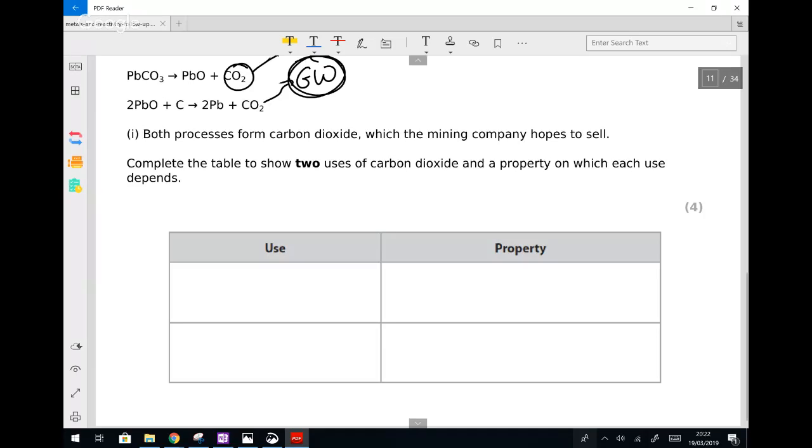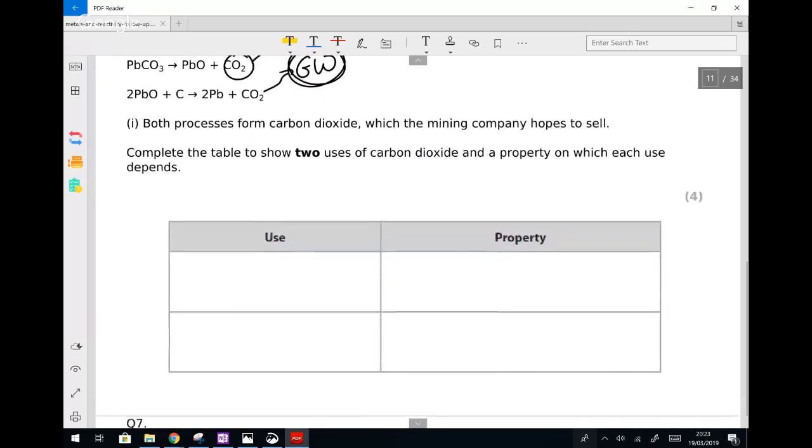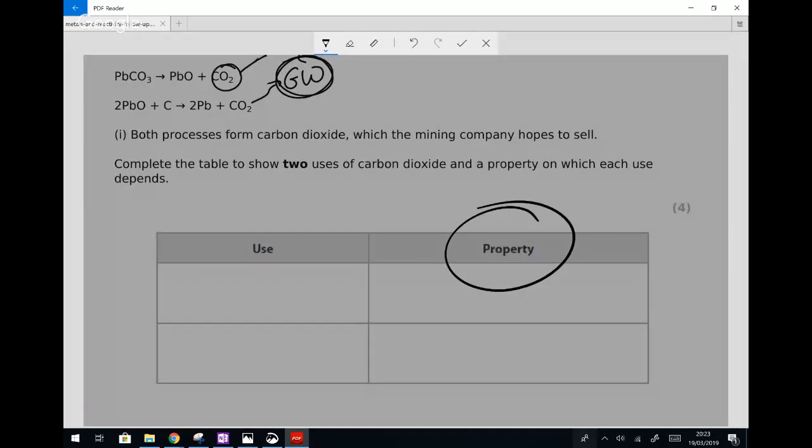But look, the key thing is you need to consider their properties. So what properties are there of carbon dioxide? It is non-toxic and it's odorless and non-flammable. Property, non-flammable, so we're going to use it for a fire extinguisher.